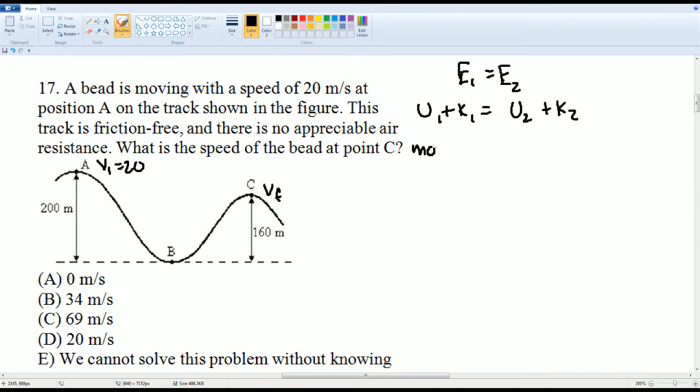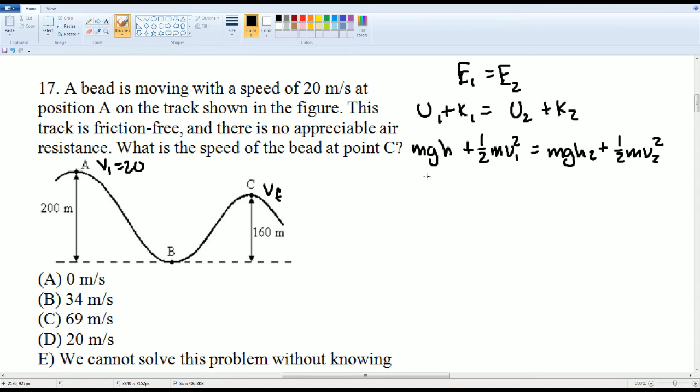U is mgh. There is a height, there is potential energy. Yes, there is actually still kinetic, 1/2 mv squared 1. To, what is its speed? So it's 1/2 mv squared 2. The reason why this still exists is because there's velocity and everything here. There's a shortcut for this, just letting you know.